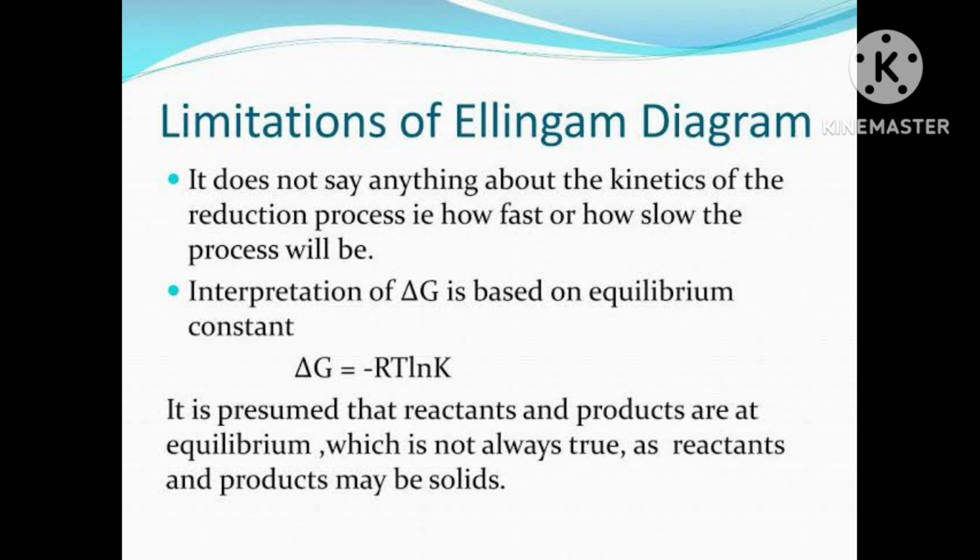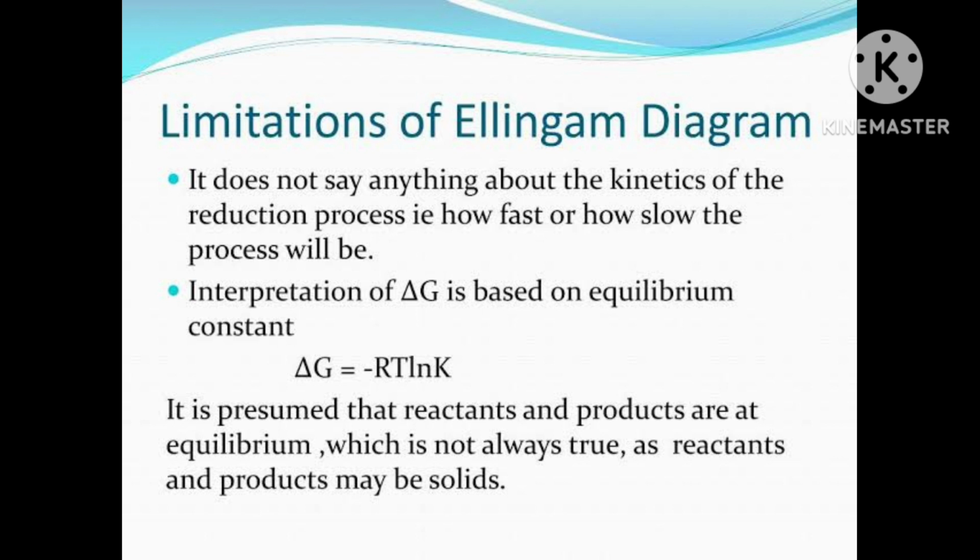After that point, the delta G value becomes more negative. Here you should understand the intersection of two curves: the curves for MXO and that for the oxidation of the reducing substance.